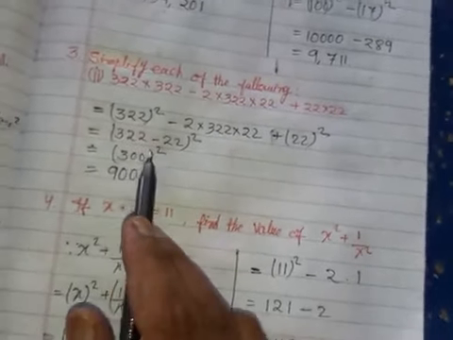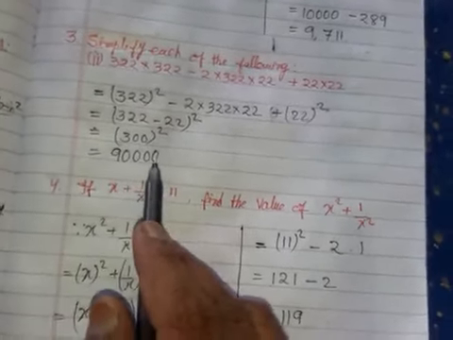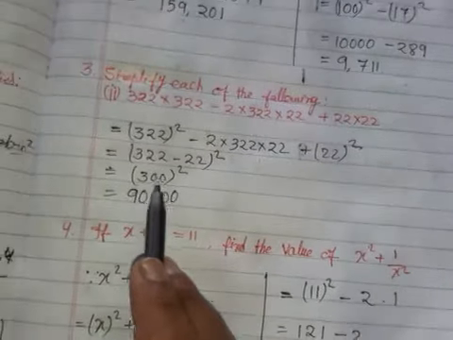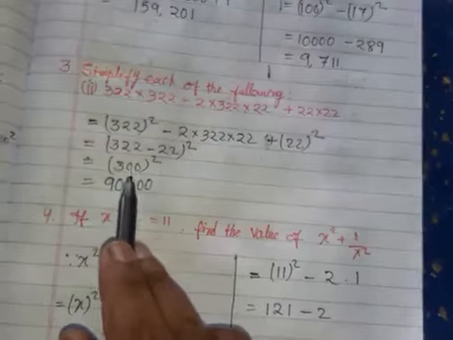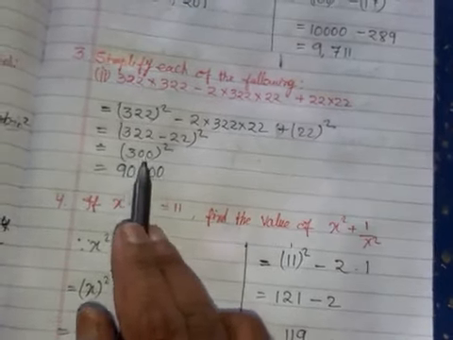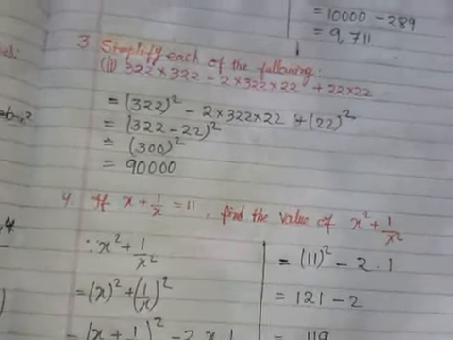The square of 300 is 90,000: you just write the square of 3 is 9, and write 4 zeros, because here 2 zeros, so here it is 4.